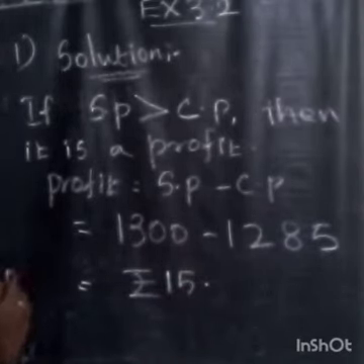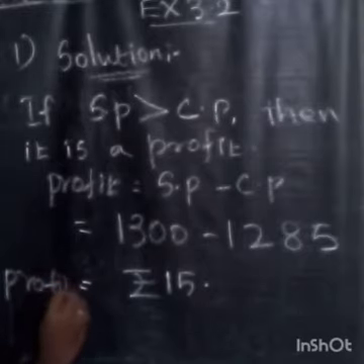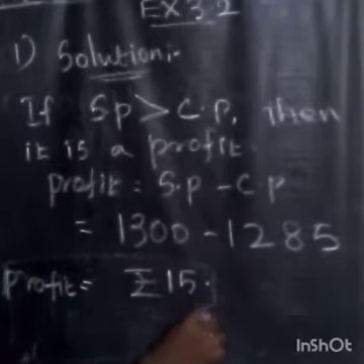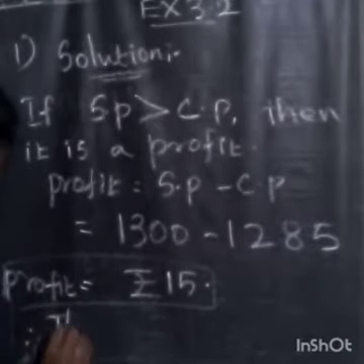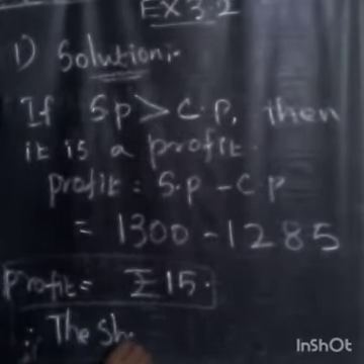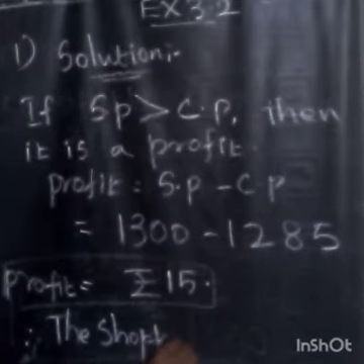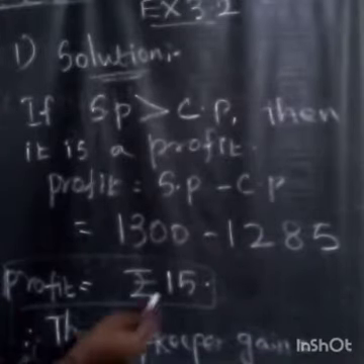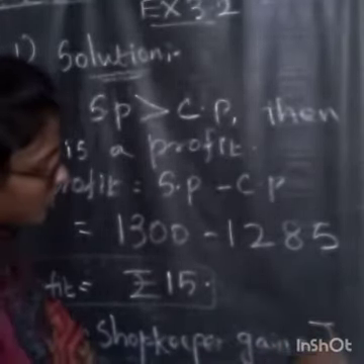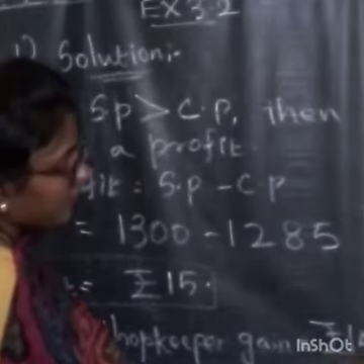So profit equals rupees 15. Therefore, the shopkeeper gains rupees 15.